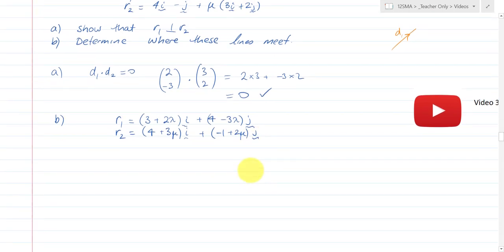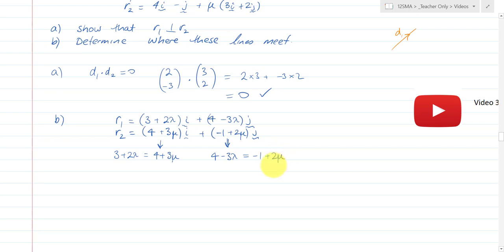Now I can equate the i components, and that gives me 3 plus 2 lambda is equal to 4 plus 3 mu. For the j components, 4 minus 3 lambda equals negative 1 plus 2 mu.